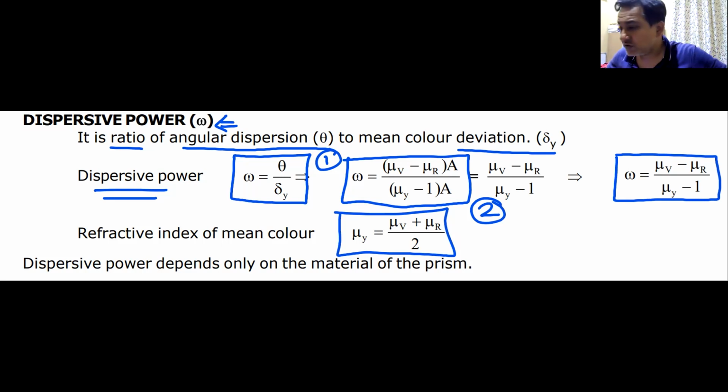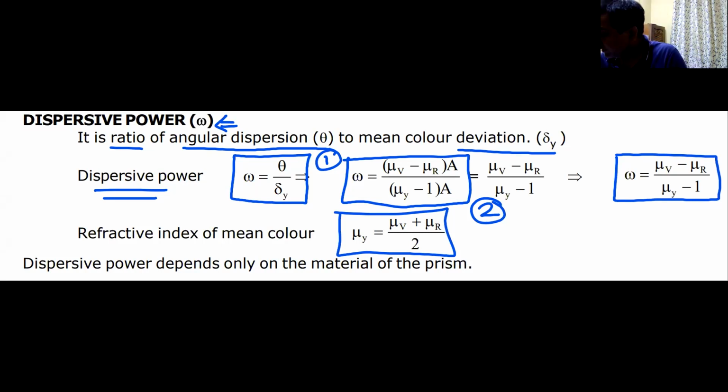If you remember those terms correctly, you should be able to solve any question that comes in this category. I'll give you a minute to note these things down. Dispersive power omega is the ratio of angular dispersion and mean deviation. Note it down.